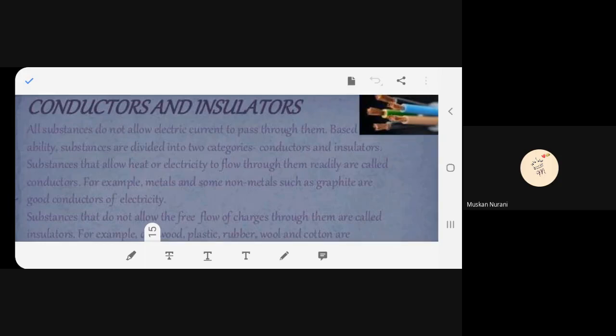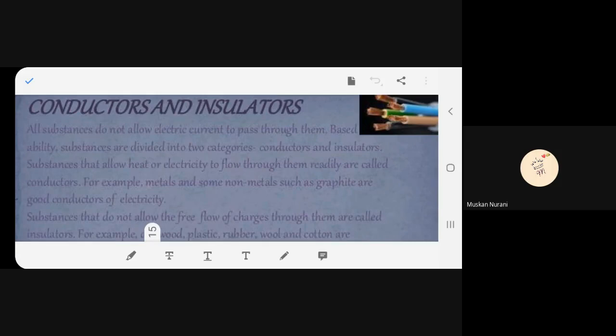Fine. That's it. So what new thing did we understand, Moinuddin? Can you explain better? What new things did we get in this slide regarding conductors? We have divided substances into categories, conductors and insulators, that we had done earlier.